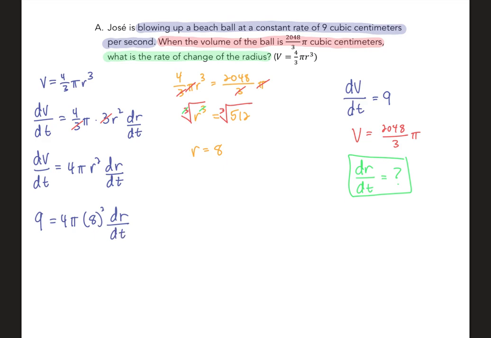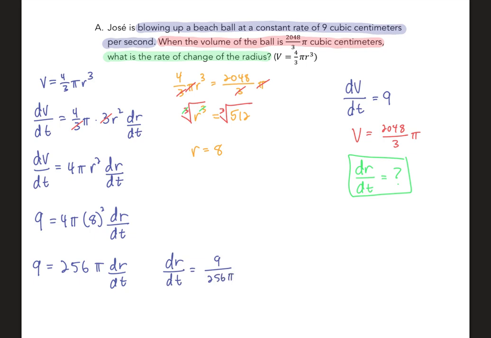Then 8 squared is 64, and 64 times 4 is 256. And then just divide both sides by 256, and you get dr/dt. All right, so that's the answer.